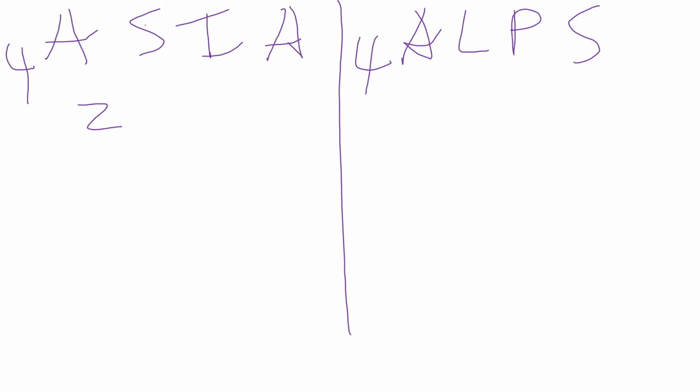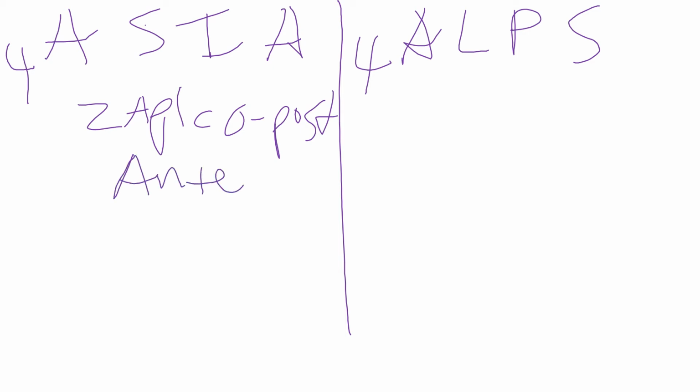So we have the apical-posterior and anterior. So we have the apico-posterior. So apical, posterior, and like I said, some people count that as 2 separate segments. For our purposes, we'll count it as 1. The other one that's up there is the anterior. So apical posterior and anterior, that's 2 segments.